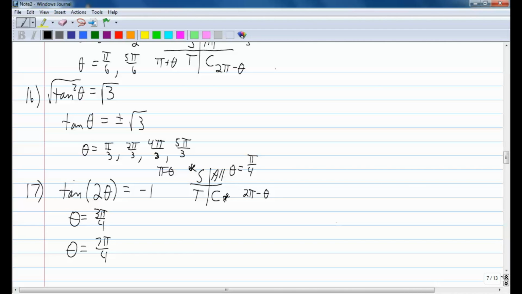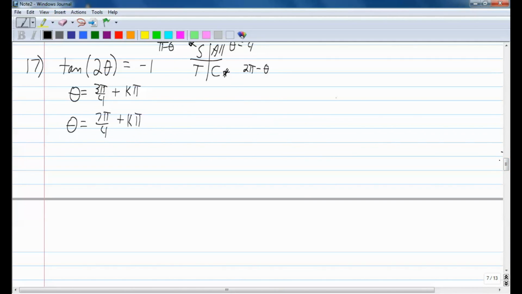Since this is tangent, the way we do the general formula is we put plus k pi, because tangent repeats every pi. Once we have the general formula set up, then this is not just theta, this is 2 theta. So we'll put a 2 in front there, and now solve for theta. So you divide everything by 2.